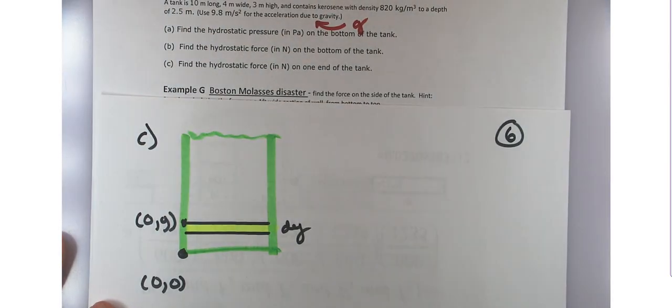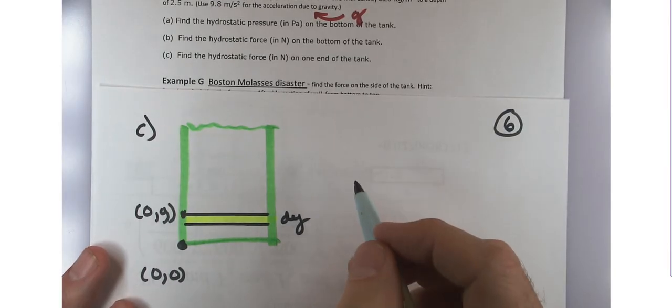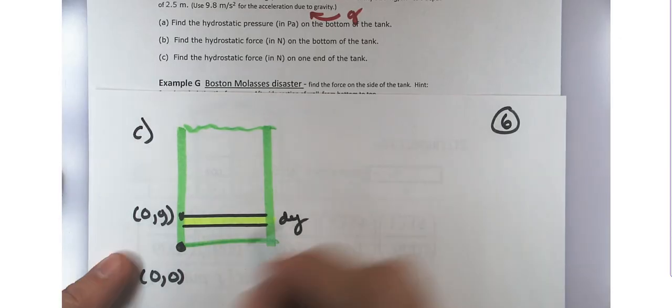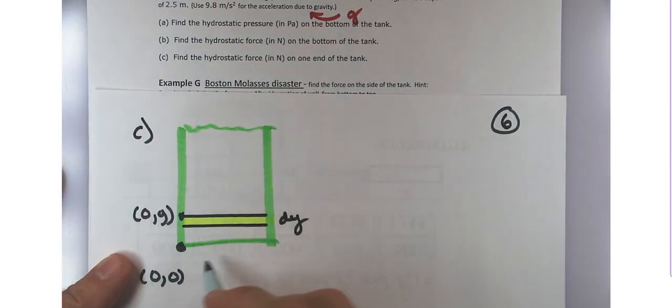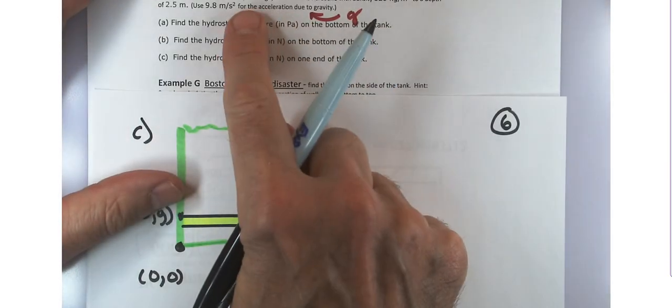What other things do I need here? Let's find the area of this strip and then calculate the force on that strip. So the area of this strip, well, how wide is this thing going to be? That was 4 meters wide.